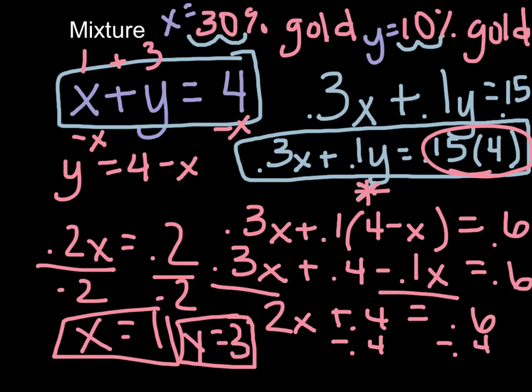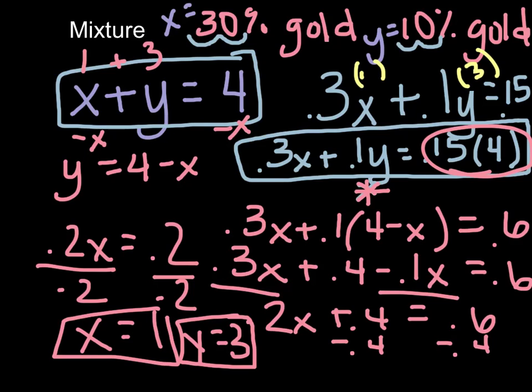I'm going to grab a different color here because this is looking pretty crazy. Okay, so if you plug in your numbers over here, if you plug in 1, well, 0.3 times 1 is 0.3, and 0.1 times, what's y, 3? It's 0.3. I should have done it right here, sorry, because you can't see the rest of that problem, because I ran out of room.